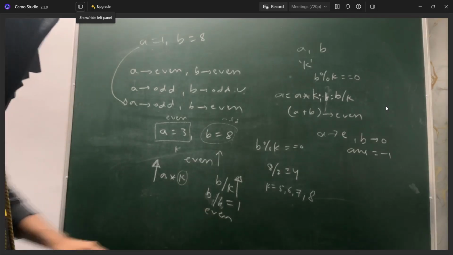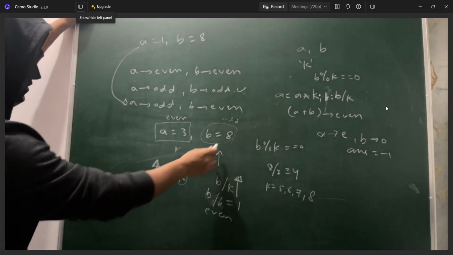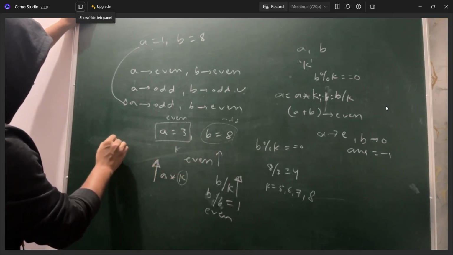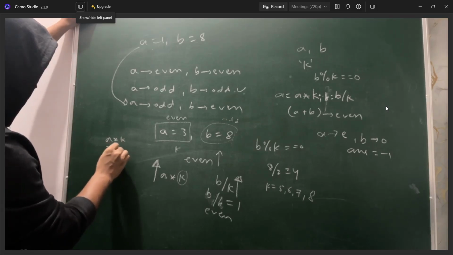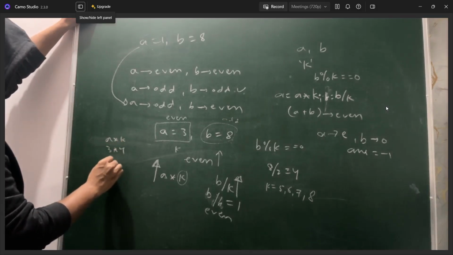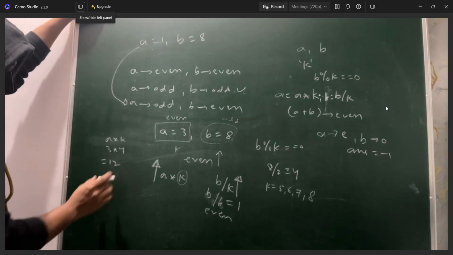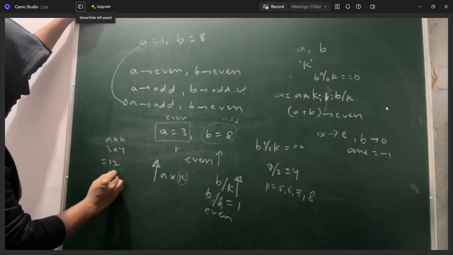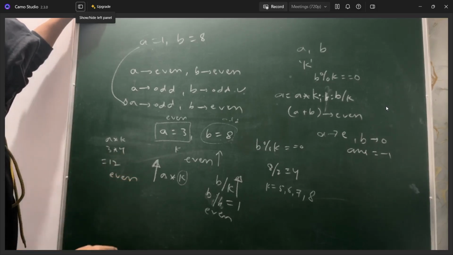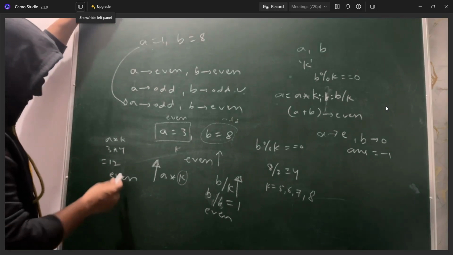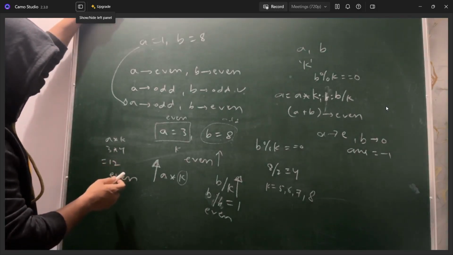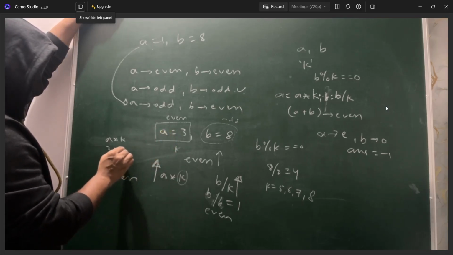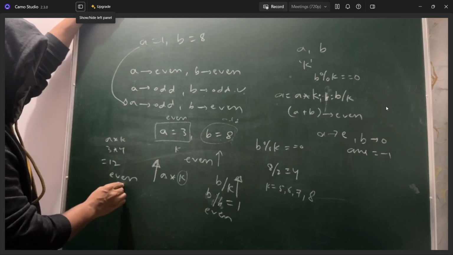You got this, right? Now in this case our half is 4, so you will be taking a into k, which is 3 into 4, which is 12. So in this case it happens to be an even number, because no matter if it is even or odd, when you multiply it by an even number, that will always give an even number, right?